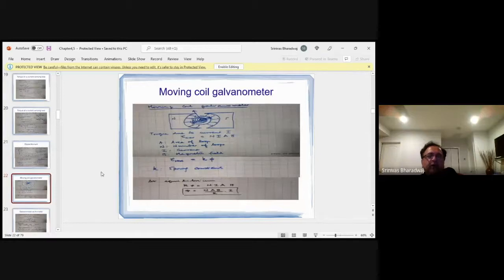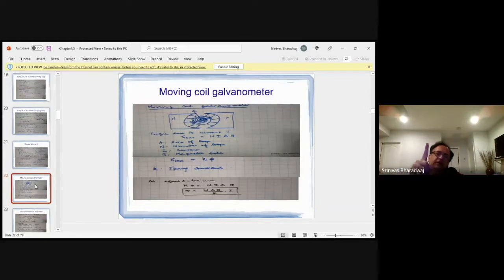Okay, so now when you look at n times I times A, times B, at equilibrium, M times B will give you the torque, right? So in a galvanometer, there is basically a spring with a spring constant. Now the angle to which it turns, see, a moving coil galvanometer has a spring, and that spring counteracts the magnetic force.